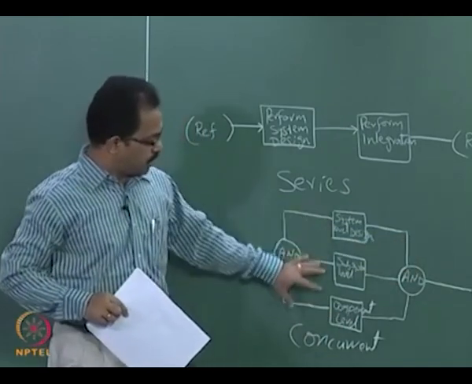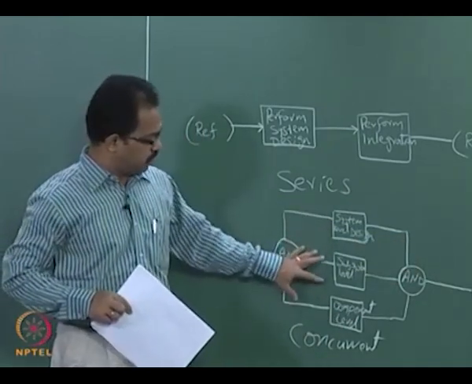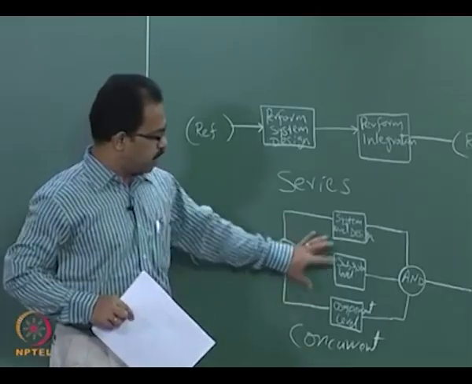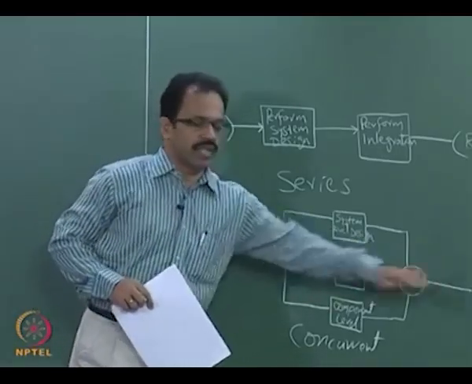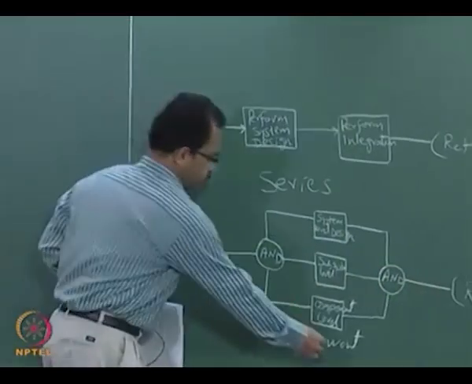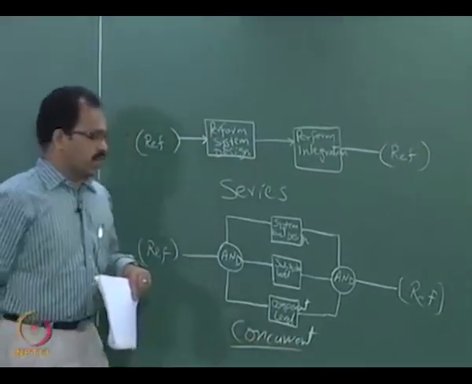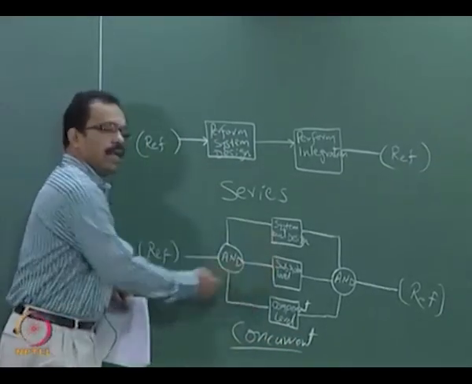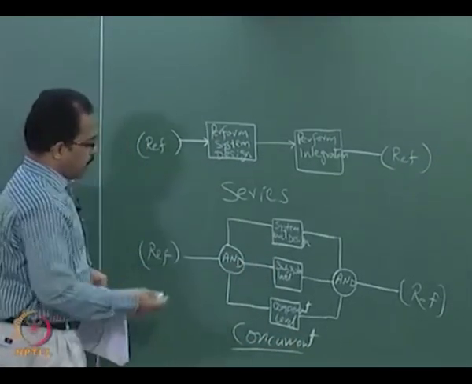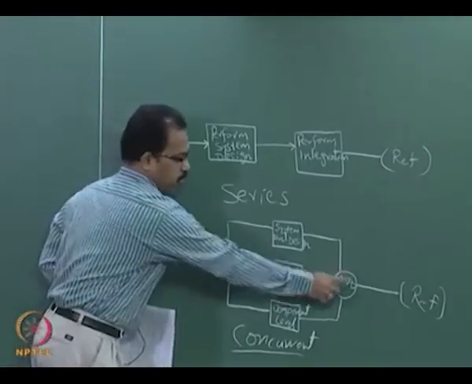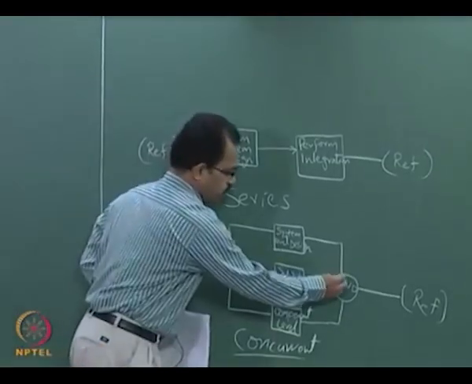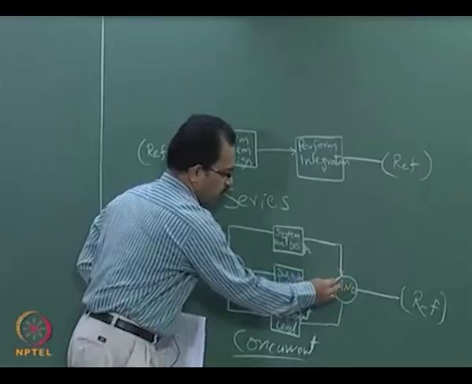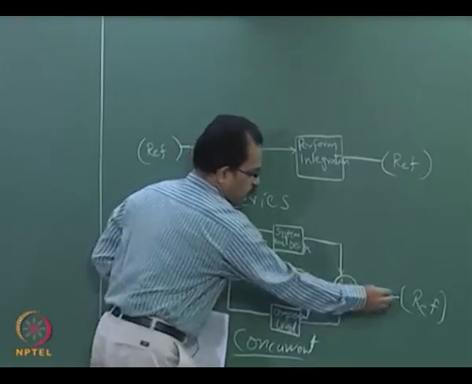So we need to do all this in a concurrent or parallel way, and once we complete all this design, then only go to the next function, that is the concurrent behavior of the functions. Once all these are completed, then only it will go out. So this AND shows that all these three inputs should be there for this to go to the next function.